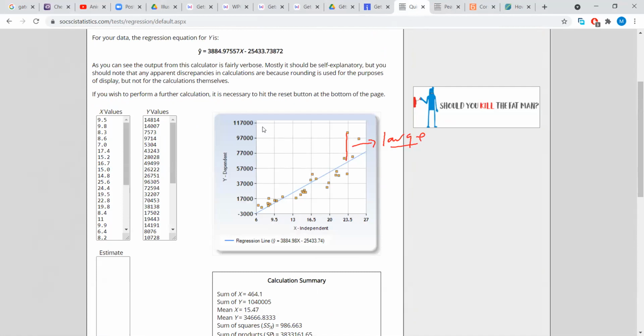Do you think that this relation between x and y is linear? Not perfectly linear, but I think linear, sir.